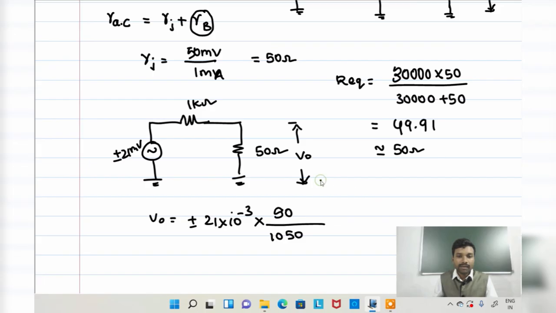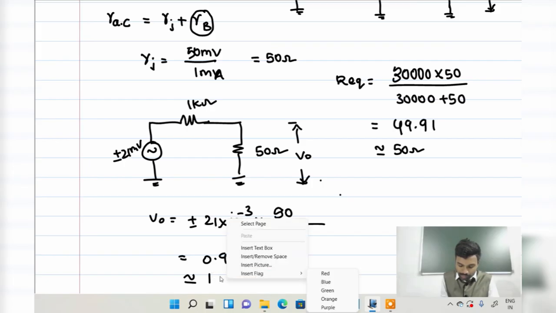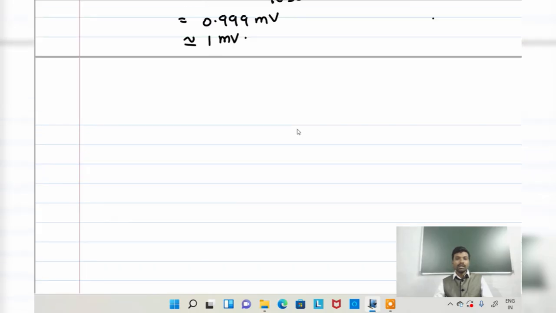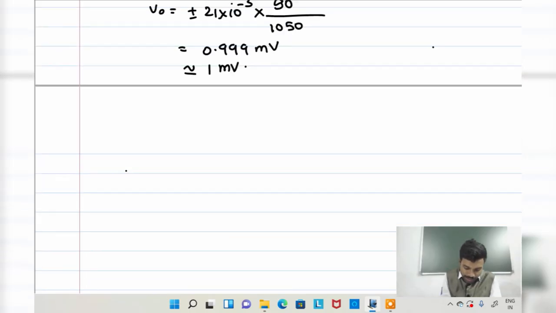That is approximately 0.999 millivolt, approximately equivalent to 1 millivolt. This is what we got from the AC. So finally I have a DC voltage of 0.7 volt and an AC voltage of plus or minus 1 millivolt.